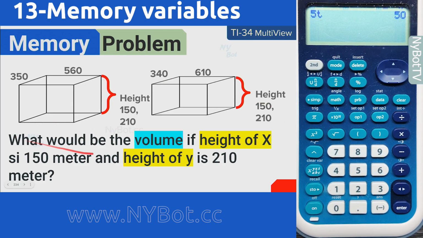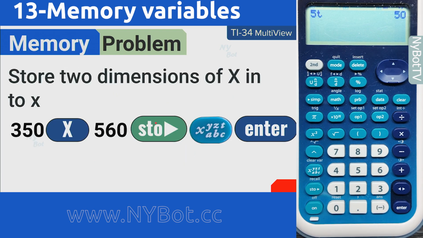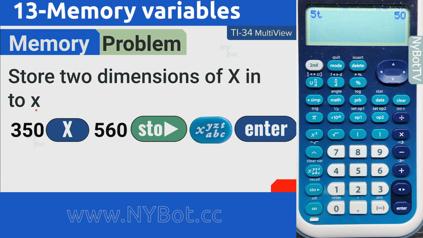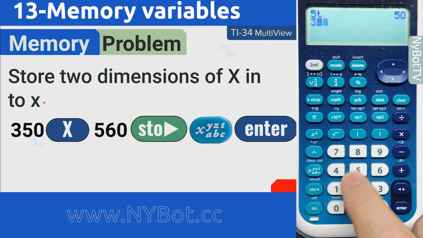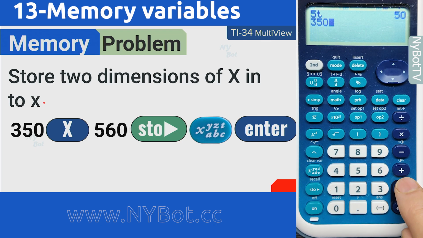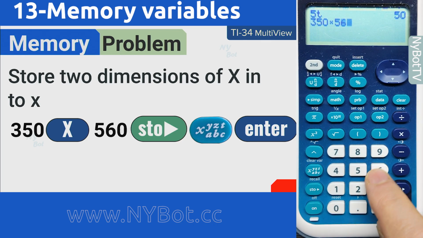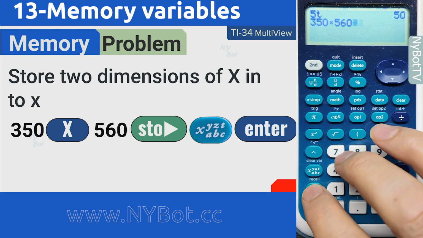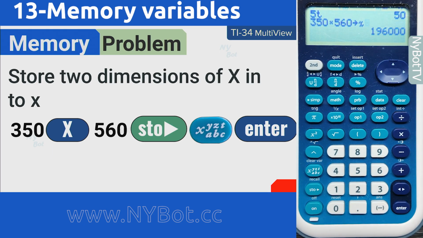Now for X and Y we will do it. For the dimension of X, now store the 2 dimensions of X in a variable X. This is capital X, this is small x. So 350 times 560, and then store, press X, and that's enough.